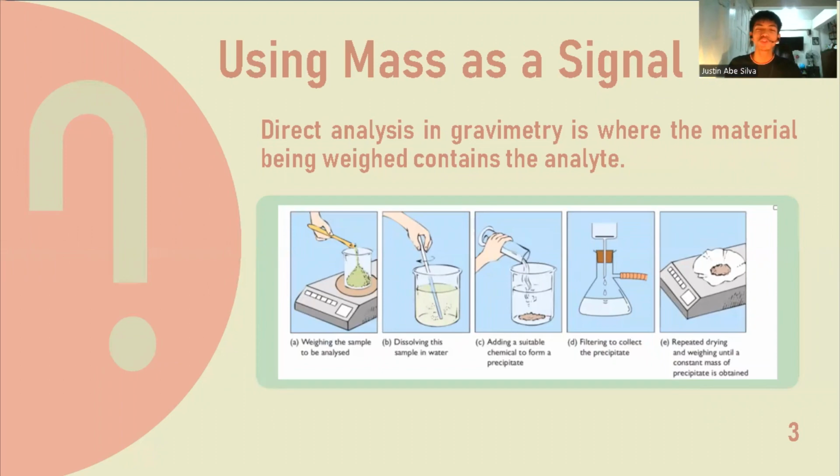A good example of this is determination of chloride in our sample with the help of silver nitrate. Silver can react with our chloride ions to precipitate silver chloride. Here, chloride can be determined from the material we weigh after the formation of the precipitate. So that is direct analysis.